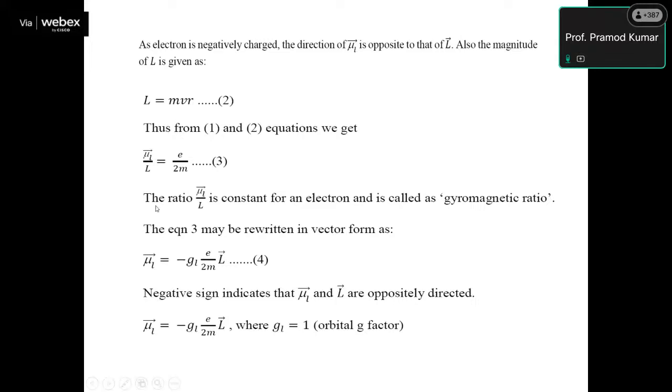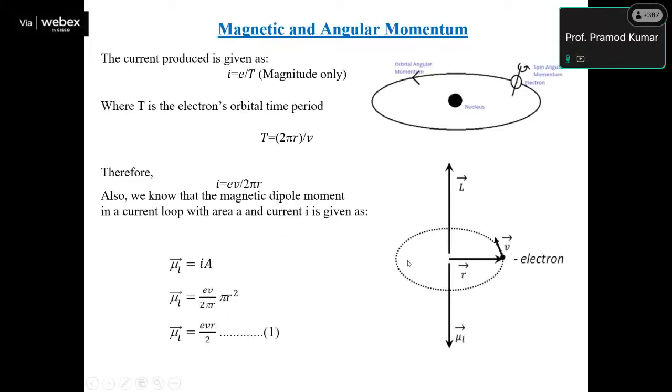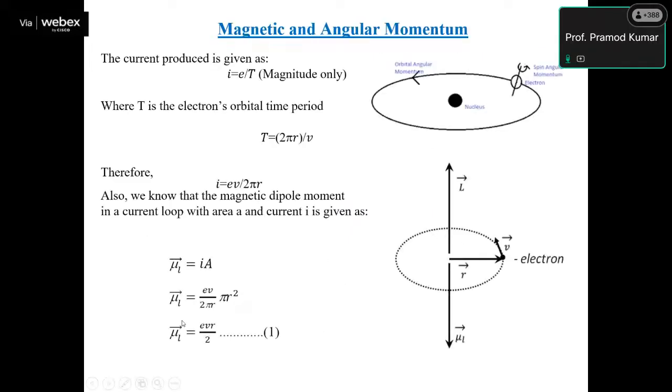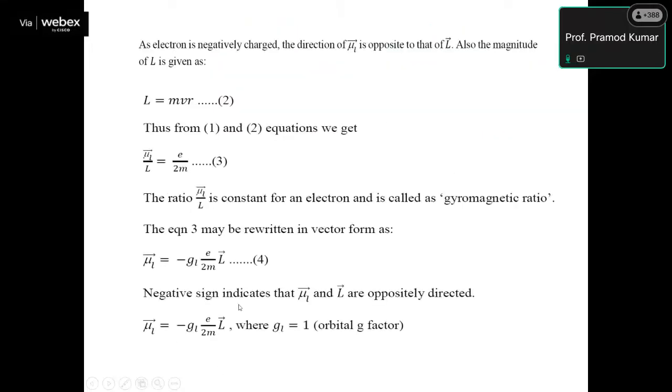Because the electron is moving in the orbit, it also generates angular momentum, which is opposite to the dipole magnetic moment. This angular momentum L equals mvr.